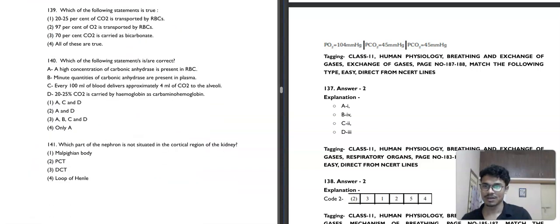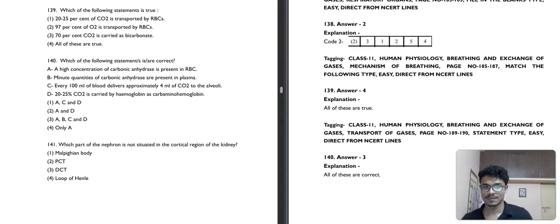Okay, question number 139. It is saying which of the following is true? 20 to 25% of CO2 transmitted by RBC, correct. 97% of O2 transmitted by RBC, correct. 70% of CO2 is carried as bicarbonate, correct. So all of these are correct statements. Which of the following statements are correct? A high concentration of carbonic anhydrase is present in RBC, correct.